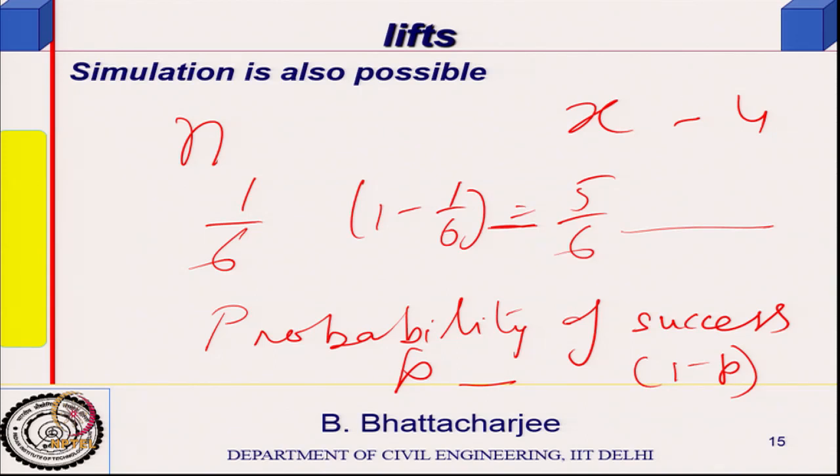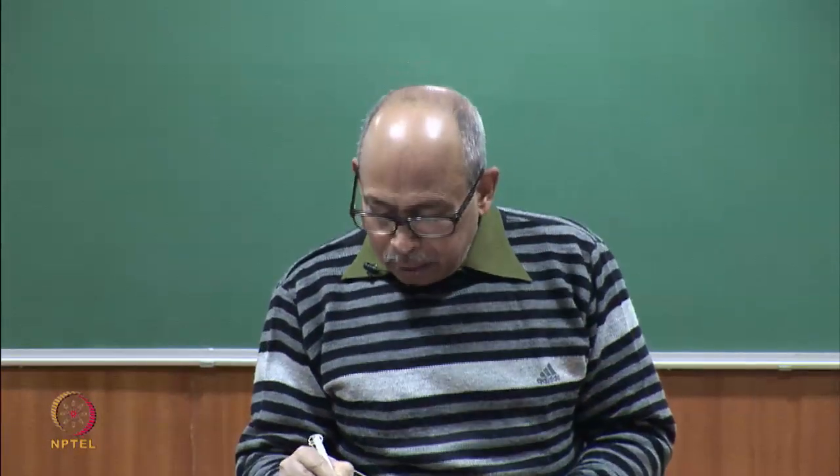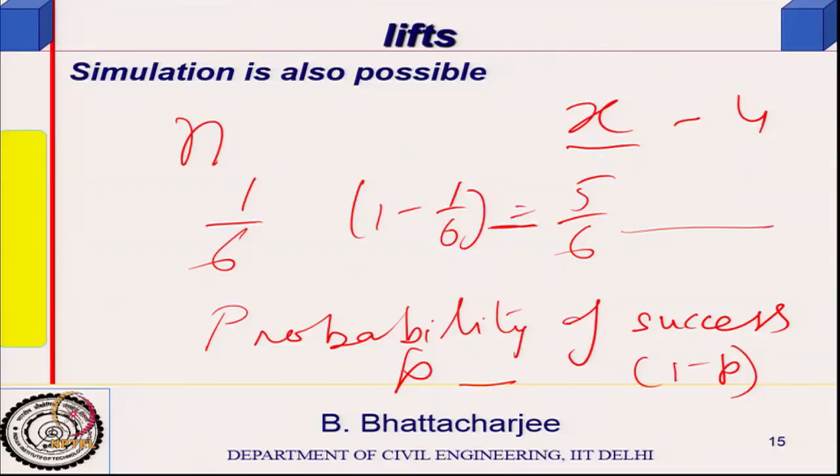So, to get exactly x successes out of n trials, it is basically the joint probability of x successes and n minus x failures, because exactly x I want to get. So, the probability of x successes is 1 by 6 to the power x, and multiplying the joint probability, 5 by 6 to the power n minus x.